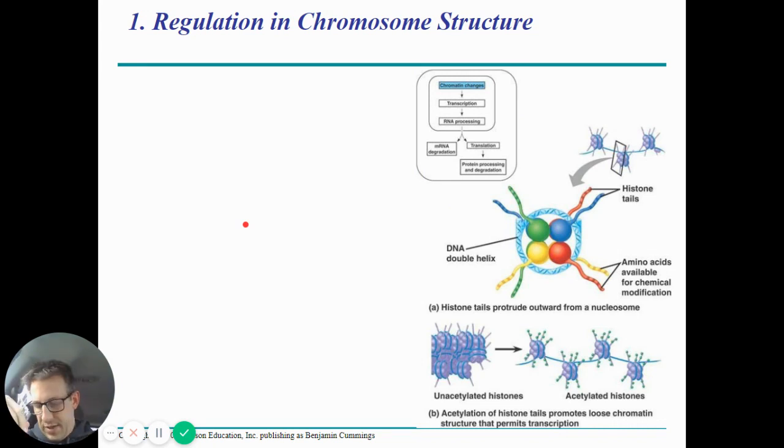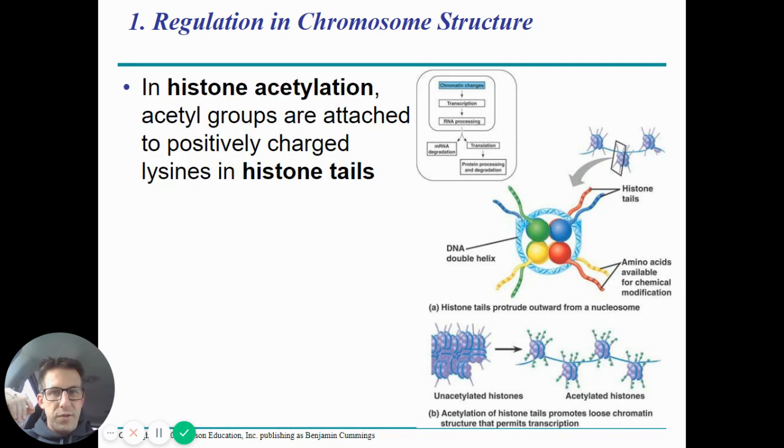We can regulate gene expression by chromosome structure. I talked at the very beginning about the fact that chromosome structure, DNA structure, how it's packaged up, is vitally important to being able to access the DNA so that you can transcribe it, right?